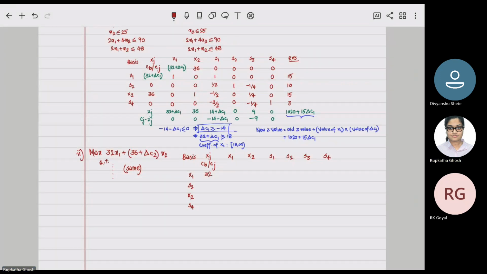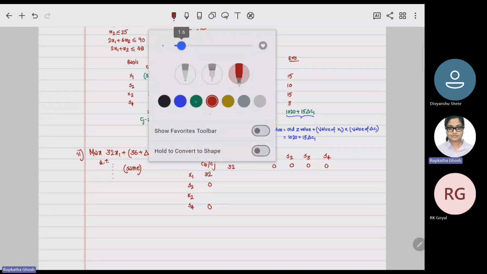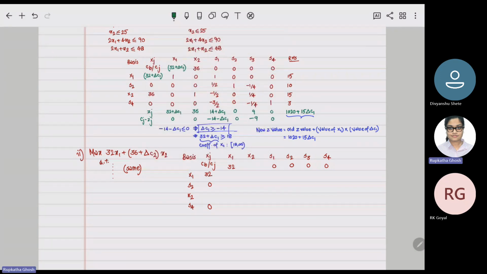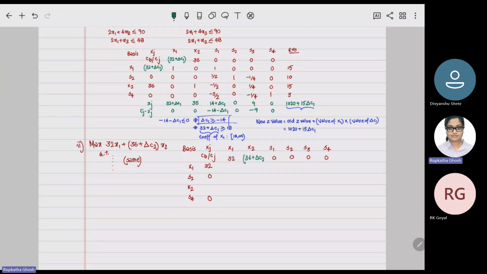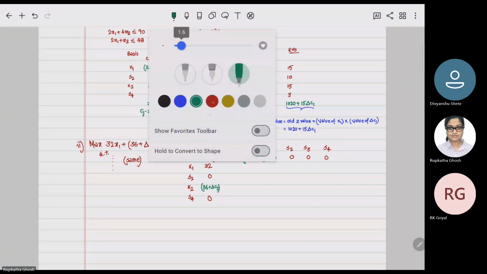So this is 32, 0. This is also 0. Here also 32. This I keep blank. 0, 0, 0, 0. Here it becomes 36 plus delta C2. Here also it becomes 36 plus delta C2. Now the rest of the values remain the same.